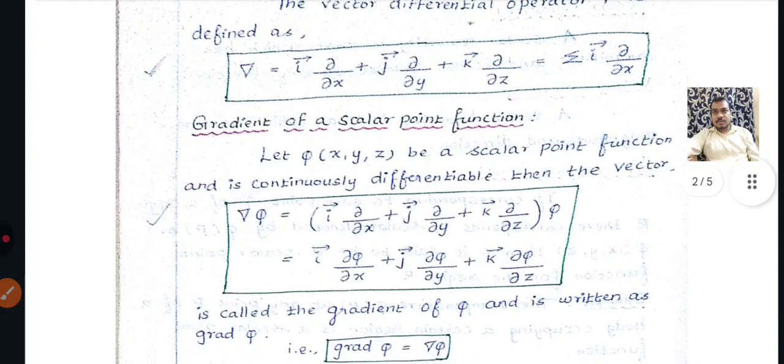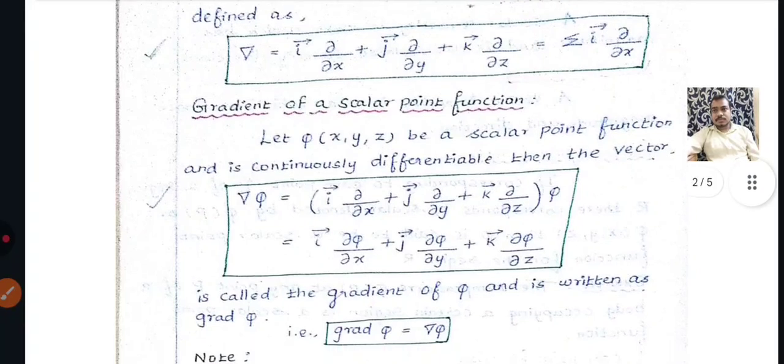Next the topic is gradient. The gradient of a scalar point function.